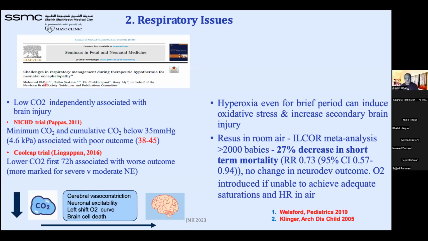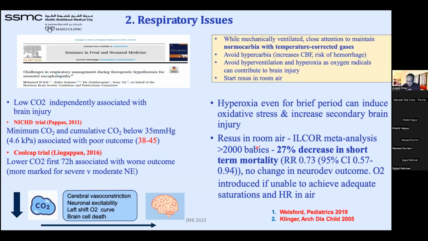You all know about that: if 35 weeks and above, you start resuscitation in room air. If you don't have a blender, then you cannot know what percentage of oxygen you are giving. There was a 27% decrease in short-term mortality.